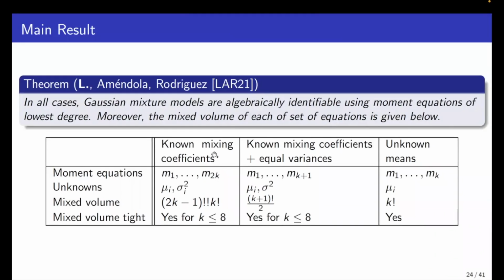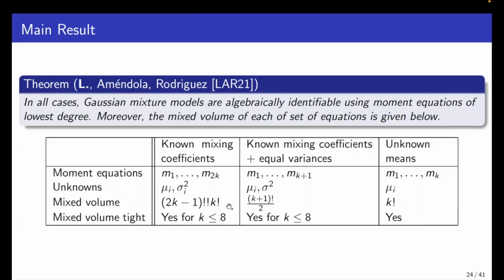In this case, we assume that the lambdas, the mixing coefficients, are known parameters. So we have 2k unknowns, namely a mean and a variance for each component. We know we need to use moment equations M1 to M2k, and what we are able to show is that generically that's going to be enough to get you down to finitely many solutions.